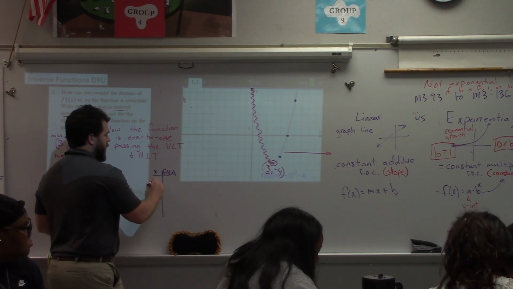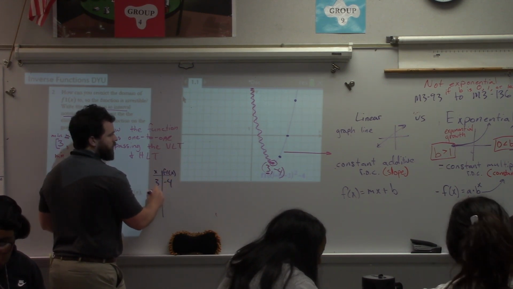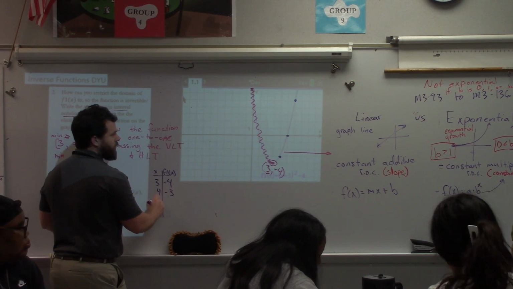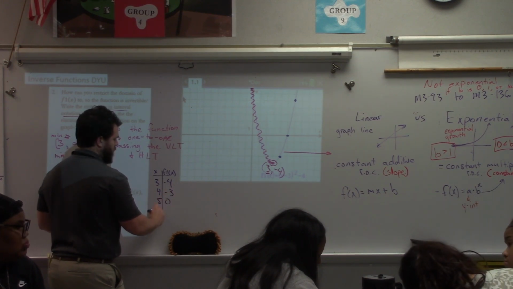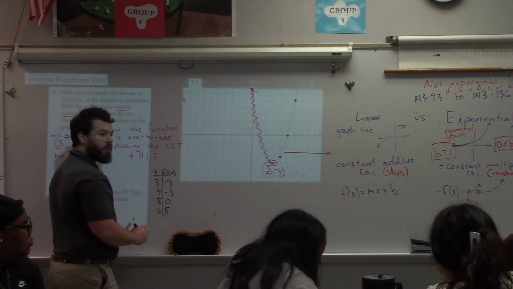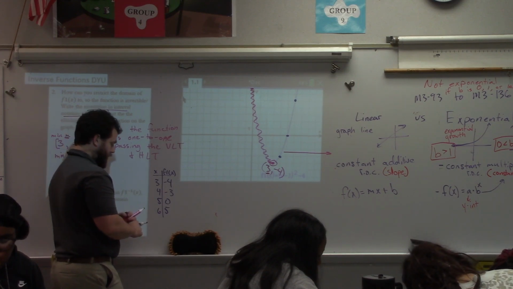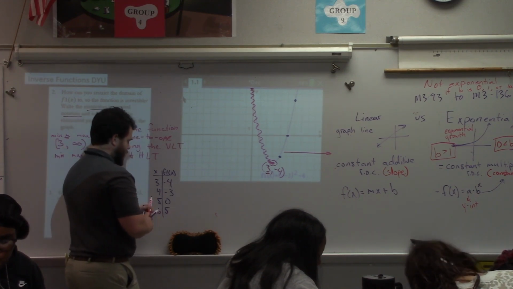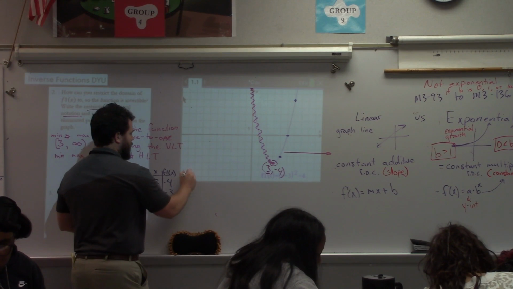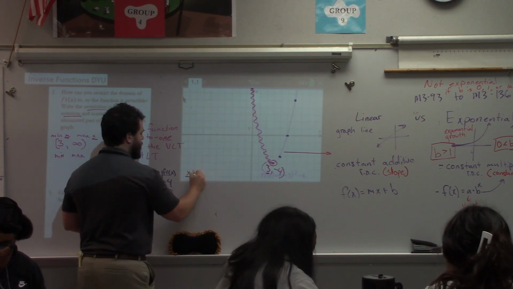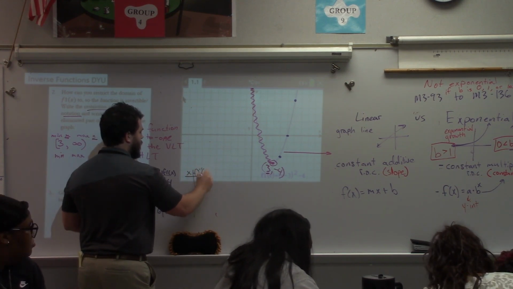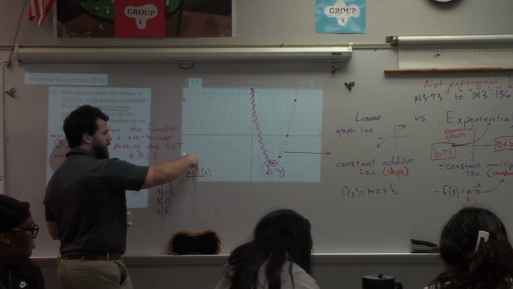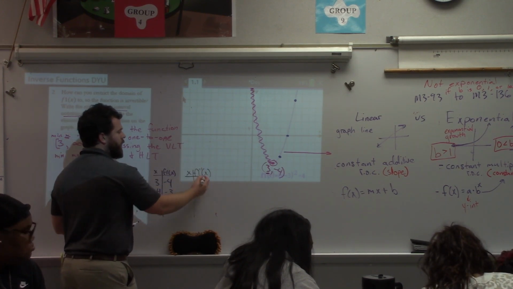So we got 3, negative 4, 5, 0, 6, 5. And you didn't have to use this notation, but I will point this out. Why am I using this f with a superscript negative 1 of x?